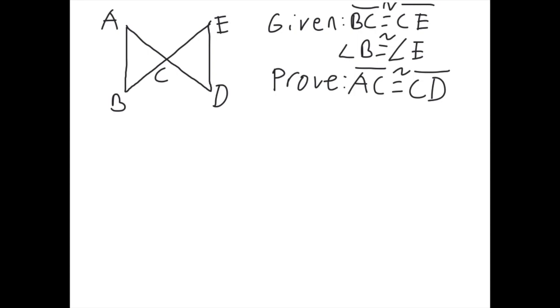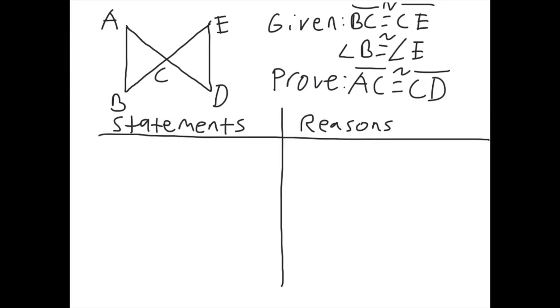So first, let's try to prove the triangle is congruent. So, start off by making your 2-column proof. Now, once again, start with your givens. Number 1, BC is congruent to CE. And that's given.